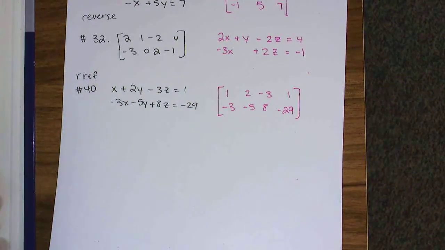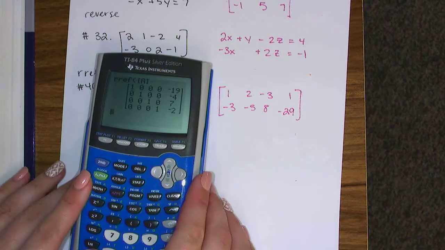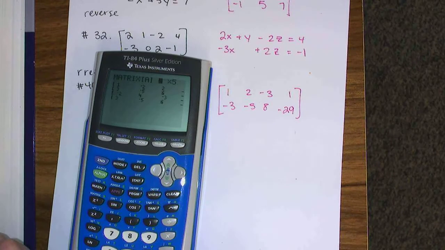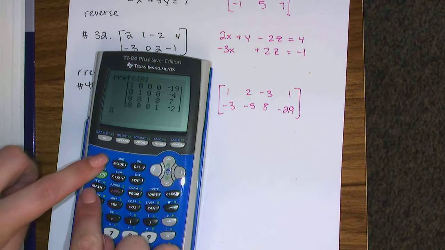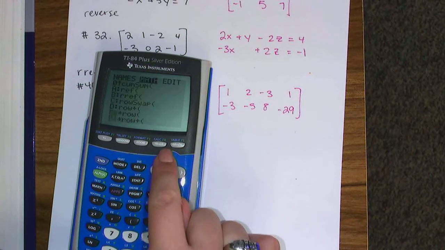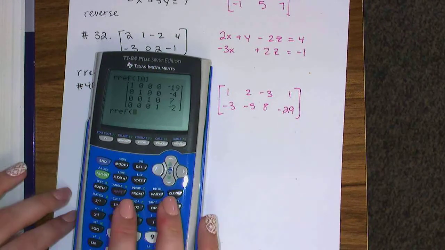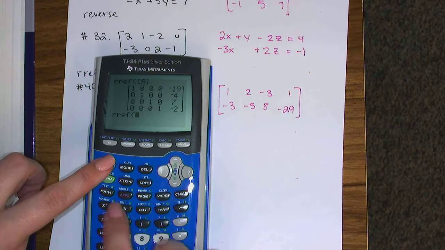So now I have a 2 by 4. Second matrix, edit, 2 by 4. 1, 2, negative 3, 1, negative 3, negative 5, 8, negative 29. Second matrix, RREF, second matrix A.